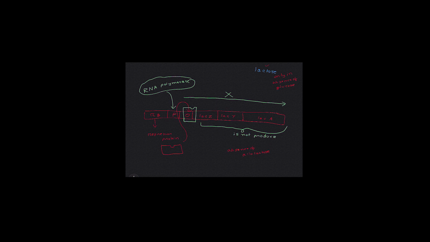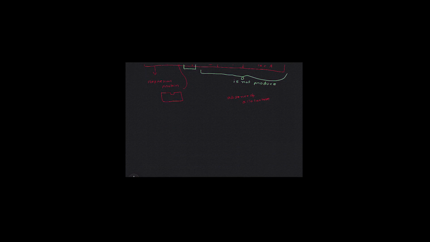But when our allolactose is present, let me draw this out. Now, when allolactose is present, this will go on and bind to a binding site in a repressor protein.